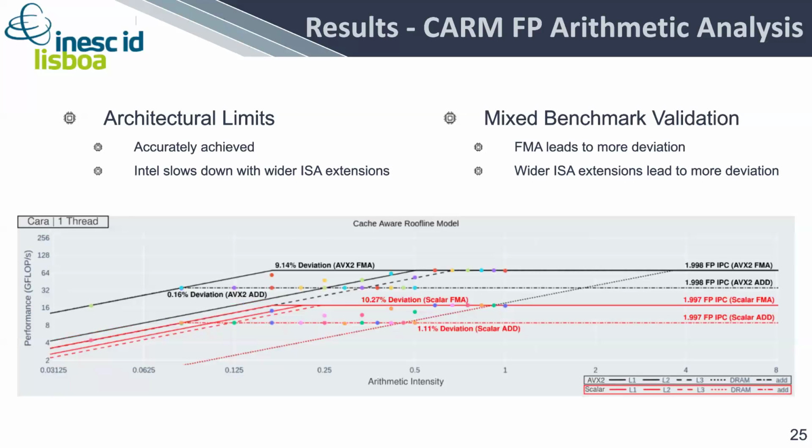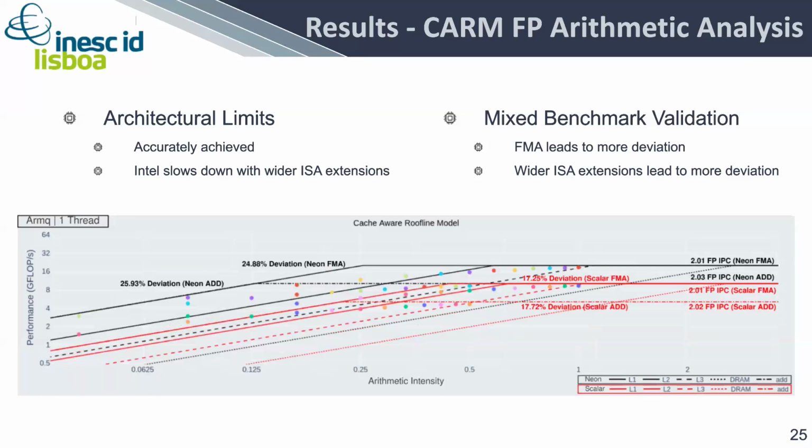Then in the CARM machine, we accurately reached those 2 instructions per cycle with AVX2 and Scalar, while the mixed benchmark also remained relatively close, especially for the add instruction, with only around 1% deviation in both AVX2 and Scalar. And then on ARMQ, we again reached those 2 instructions per cycle, but the mixed benchmark did not perform as well, with the Scalar ones having around 17% deviation and the Neon benchmarks with around 25%.